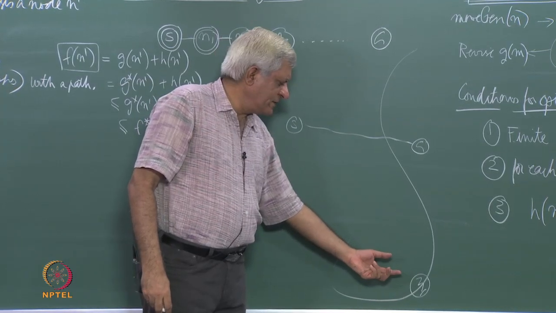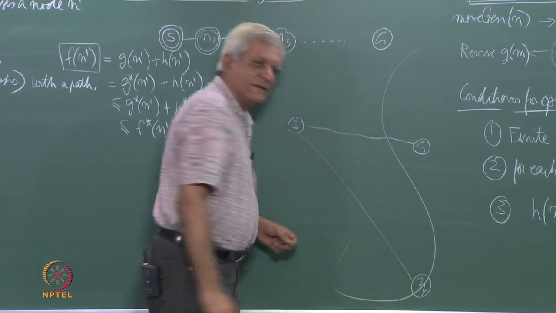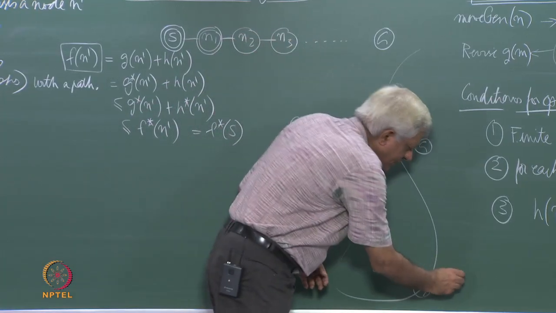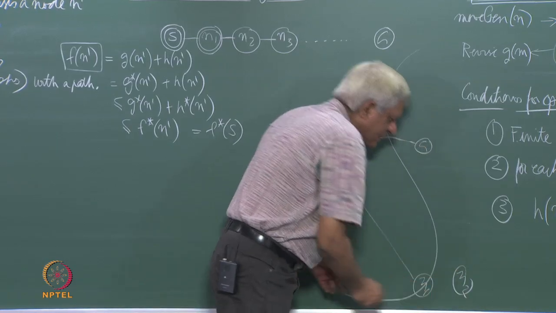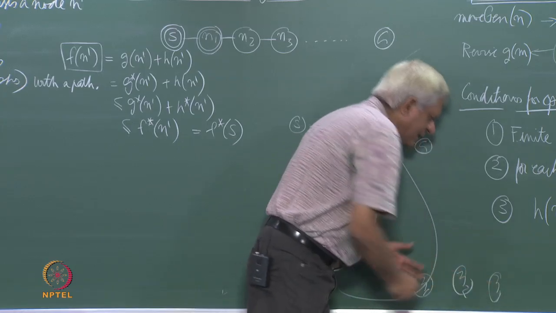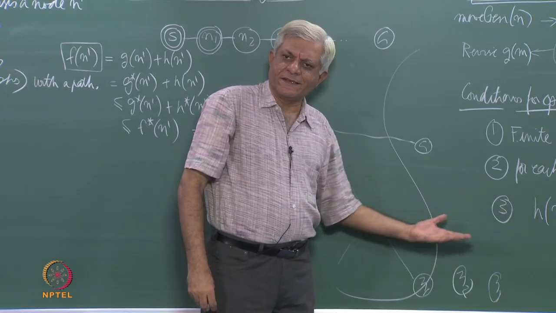What is going to be the G value of this node? It is going to be the length of the path from here to here. Let us say it picks this node N1, it will have some other node, let us call it N2, and then let us say it picks N3. Can it keep going indefinitely along some other direction?